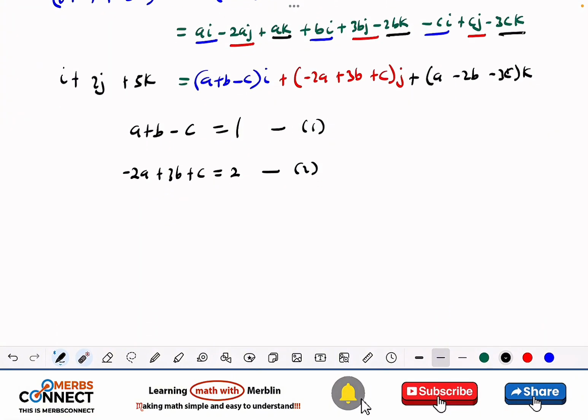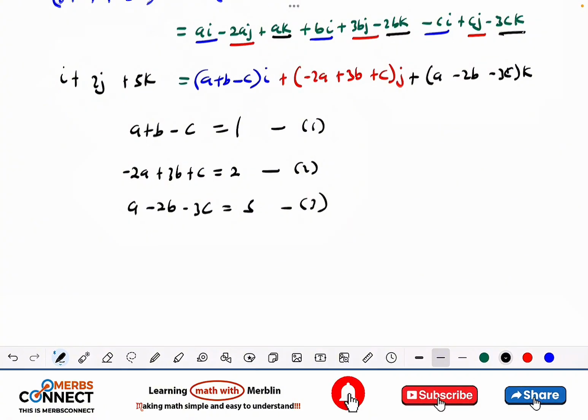And then the last one is this and that. So we are going to have A minus 2B minus 3C is equal to 5, equation 3. So this one we are fortunate, we have 3 equations with 3 unknowns. So we can work out all of them nicely.